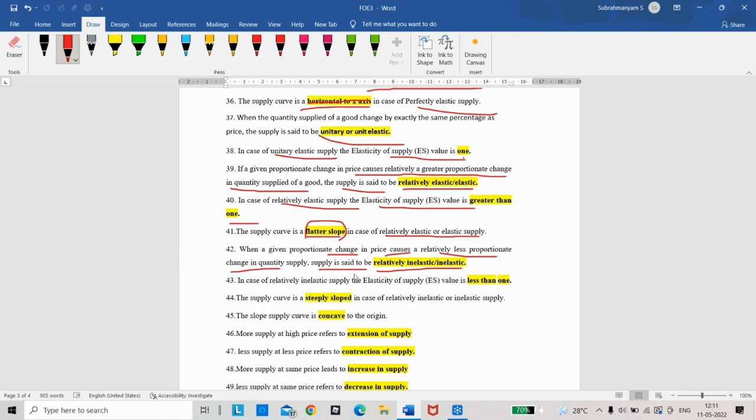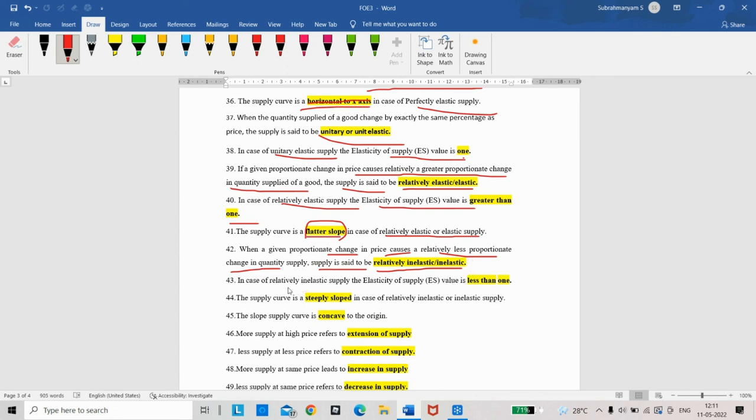That means a 40% or 50% change in the price level leads to a 10% or 5% change in the quantity supplied. That supply is said to be relatively inelastic supply.